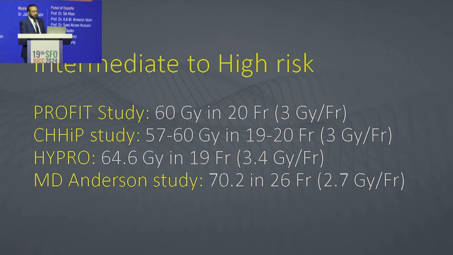HYPRO is another study where they used 3.4 gray per fraction in 19 fractions, going a bit higher to 64.6 gray. Also, MD Anderson used moderate hypofractionation of 70.2 gray in 26 fractions, 2.7 gray per fraction. These are all randomized multi-institutional trials which compared with the standard dose per fraction, and they show the equivalence of moderate hypofractionation treatment.